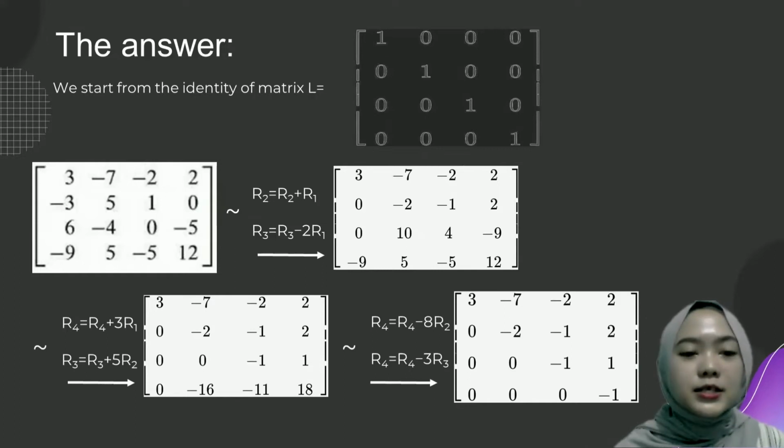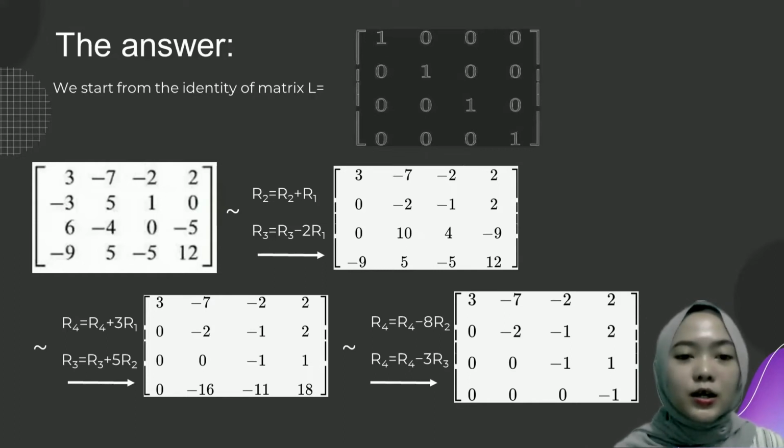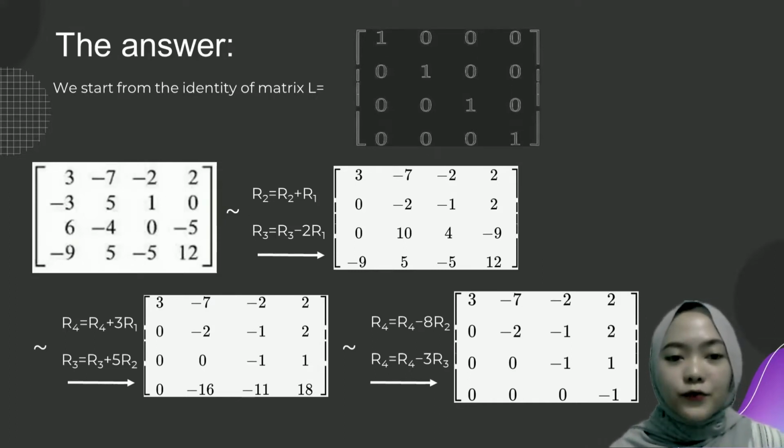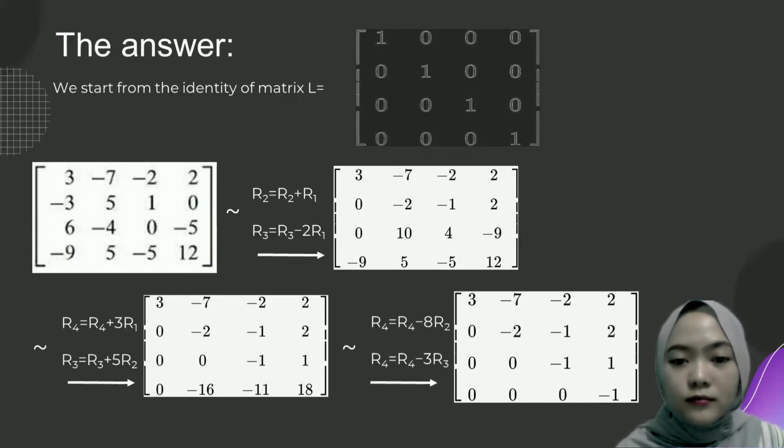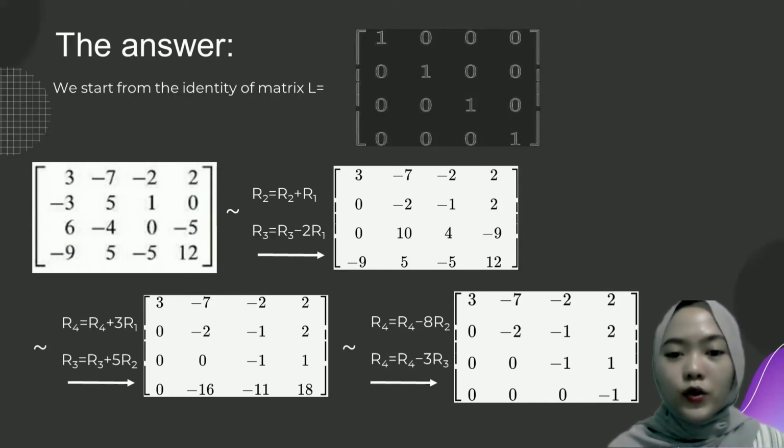So this is the matrix A. First, we reduce row 2 and row 3, and we get this matrix, and continue with reducing row 4 and row 3, and the last is reducing row 4.